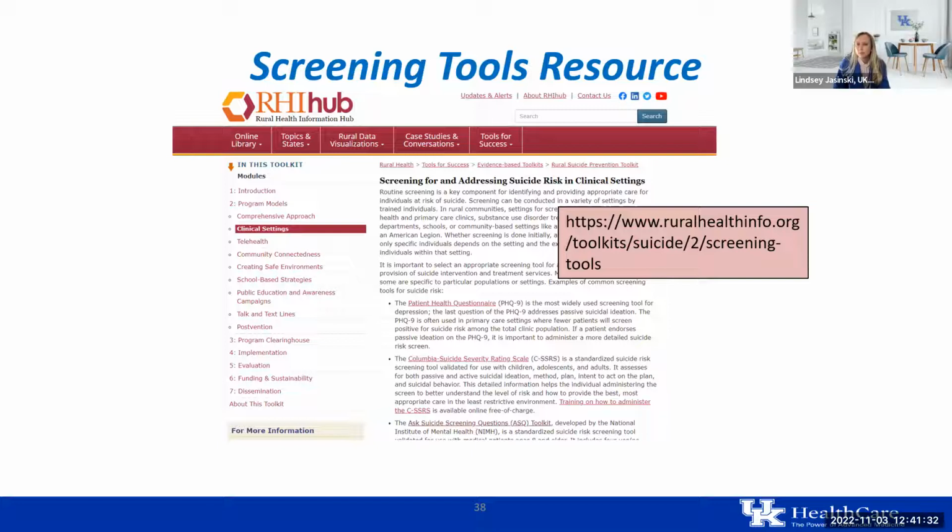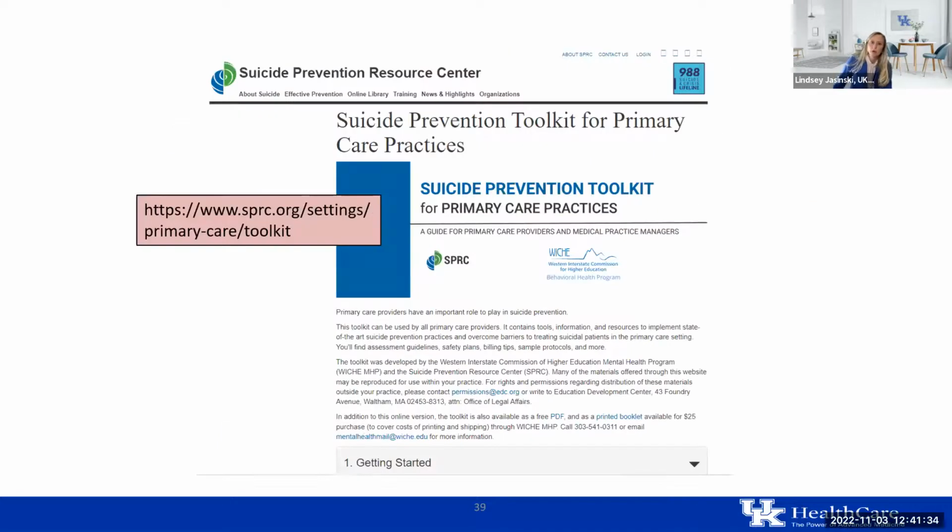And then a similar toolkit on the next slide is available as well. This one is specific to primary care practices, which I think is really great, from the Suicide Prevention Resource Center. So those tools are excellent resources. They're comprehensive. They have workflows. They have implementation checklists. They have everything really that you would need to make sure that you are implementing a comprehensive suicide screening and assessment practice.